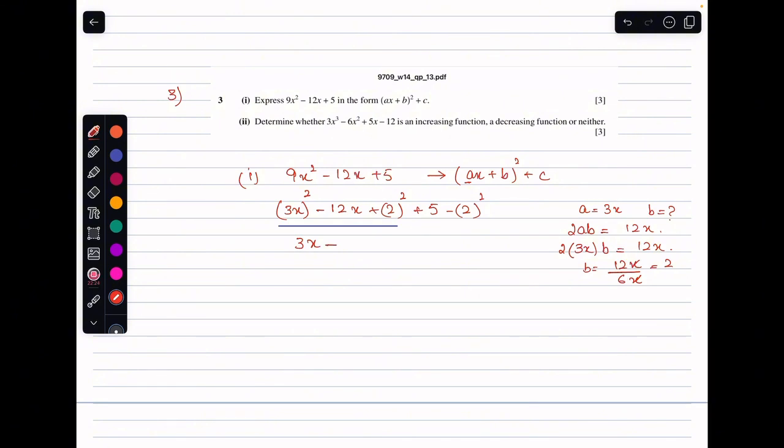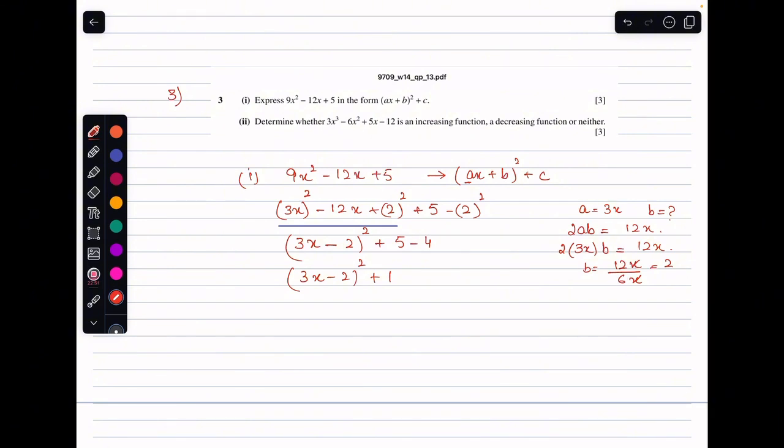We always take the sign of the middle term here. And here I should be left with a 5 minus 4, or I can say it's 3x minus 2 the whole square and a plus 1. So this is how I should have done this question to express it in the form of (ax plus b) the whole square and plus c.